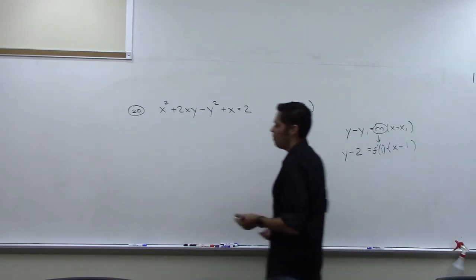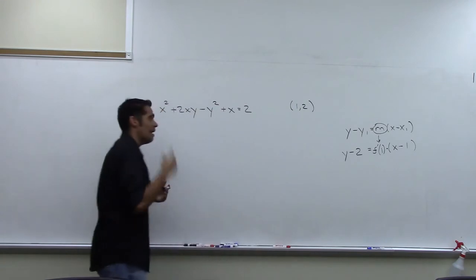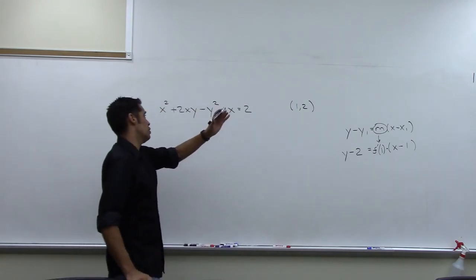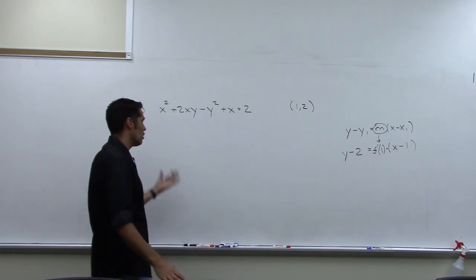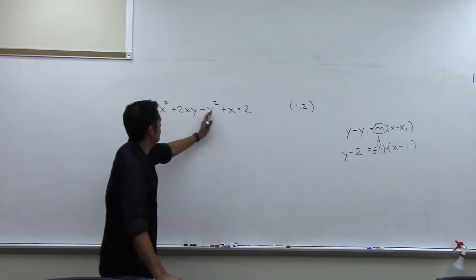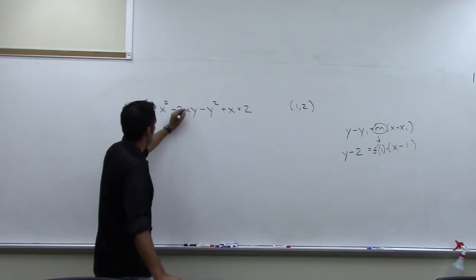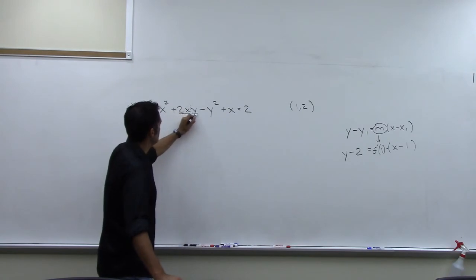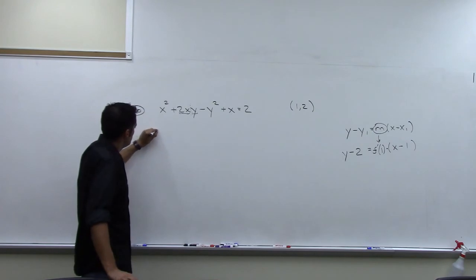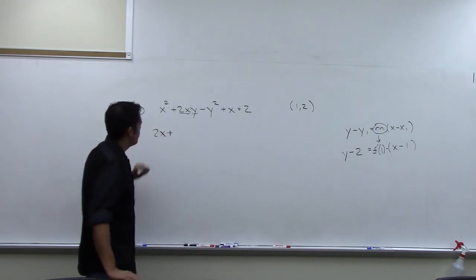So in other words, we need to find dy dx at x is 1. So we need to find the derivative first. So let's find the derivative. Now I'm going to work very quickly through this. I have, let's see, 1, 2, 3, 4 terms on the left side. I do have a product rule right there. It's this 2x times y. So first, starting with this, derivative of x squared is 2x plus product rule.